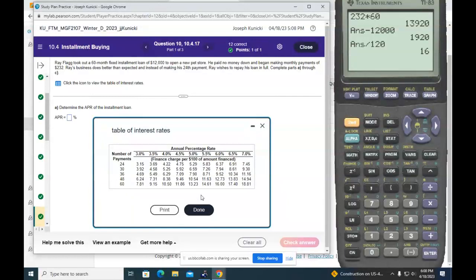And the reason for that is because if he's going to make a payment after 24 months, that means he has 36 months left. So when I solve for his interest, I have to use this number, 9.5.